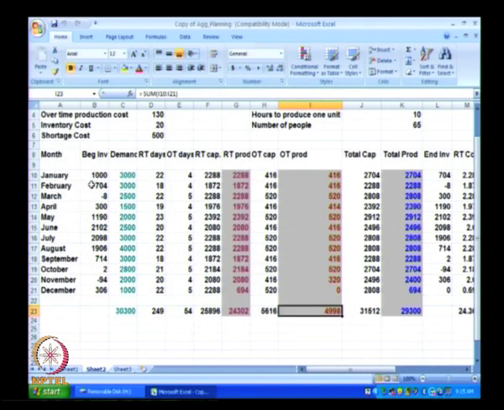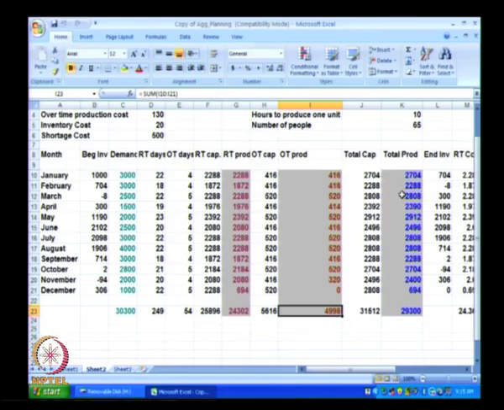704 is shown here. Now the user has to make a decision here as to what is the total production. If the user decides to produce all possible 2288 here, out of this 1872, which is the maximum possible, will go to regular time production and the balance will go to overtime production.